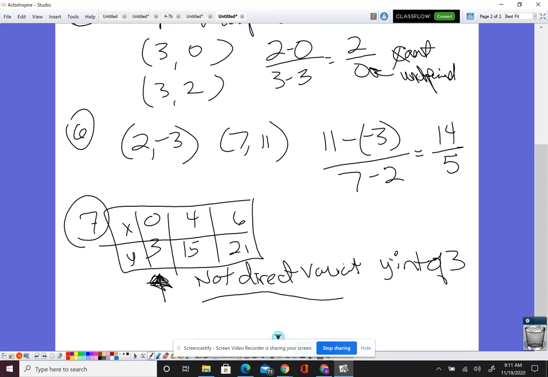So that would be the explanation for why. Whenever you're talking direct variation, you want to talk constant rate of change and a y-intercept of 0. Those are the two things.